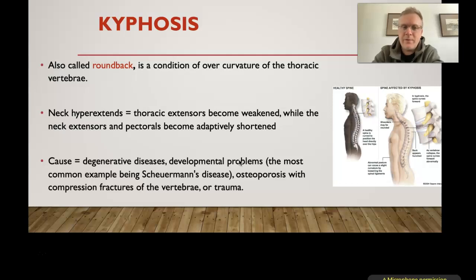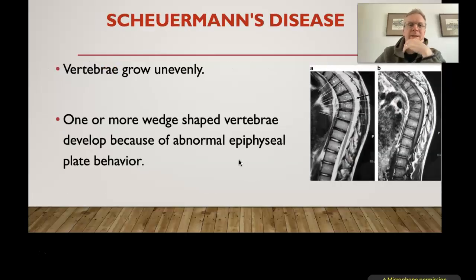And then osteoporosis, where we can see compression fractures. We can see the vertebrae break down, and with that, we could cause kyphosis as well. Okay. In a very serious case, we can see Scheuermann's disease. I would highly recommend Googling it and looking it up. It is very dramatic. We see almost a point with the kyphosis.